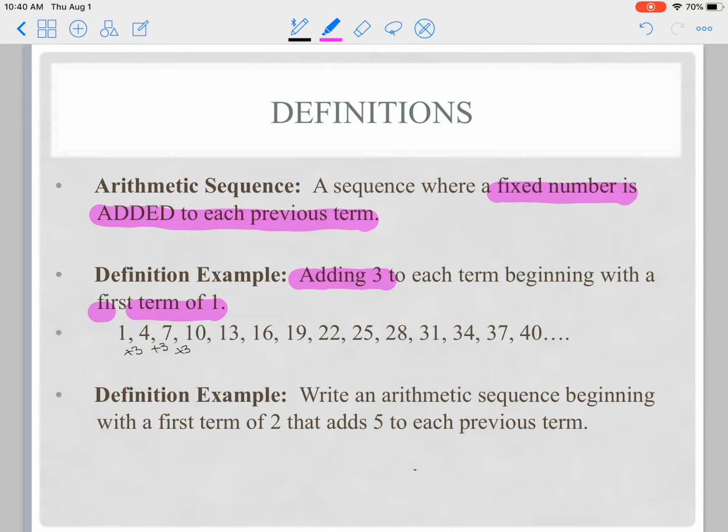Another example: if we write an arithmetic sequence beginning with a first term of 2, so we start with 2, that adds 5 to each previous term. So 2 plus 5 is 7, 7 plus 5 is 12, 12 plus 5 is 17, 17 plus 5 is 22, and we can keep doing that all day long if they ask us to.